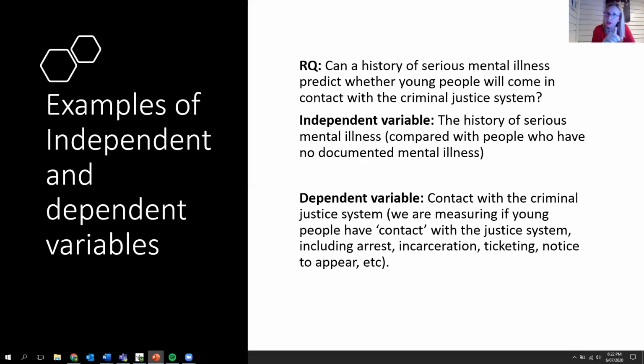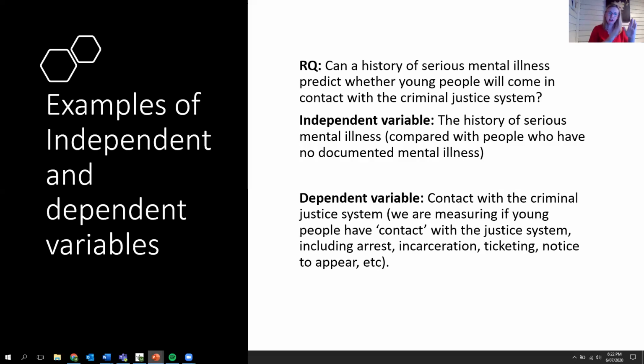Now you'll also see up here in that research question, you might be able to pick out another independent variable. I mentioned the word young people. So age could possibly be another independent variable, all right? But it's not the one I'm completely interested in studying. I'm interested in looking at a singular variable, history of mental illness, and will it have an effect on contact with the criminal justice system, okay?